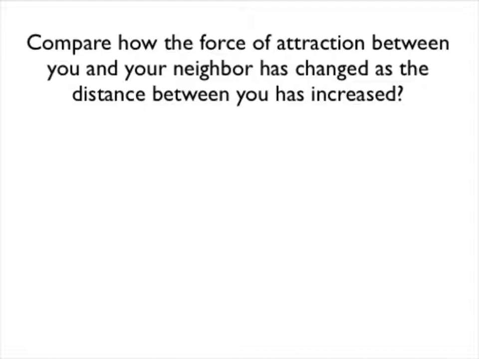So how did increasing the distance between you and your neighbor affect the gravitational pull between you? Well, let's look at that. Let's compare how the force of attraction between you and your neighbor has changed as the distance between you has increased. The force when we were 1 meter apart was 1.67 times 10 to the negative 7 newtons.